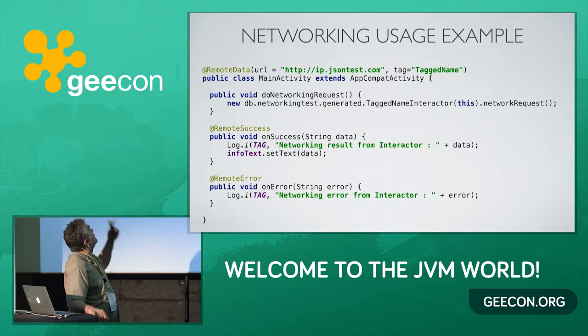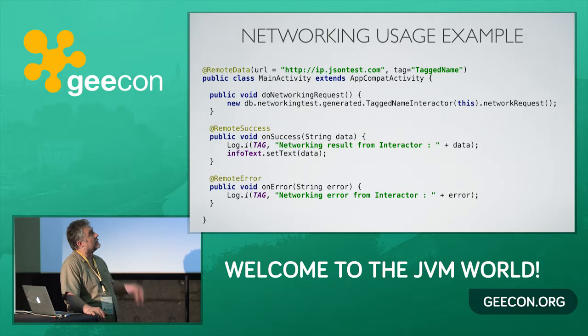The key is that remote data annotation, which has as a value a URL where you get your data from. There is a tag, so that defines the name of the interactor which will be generated for you.